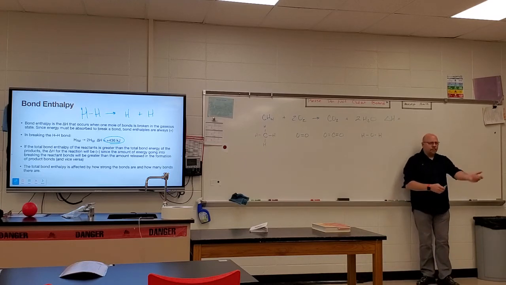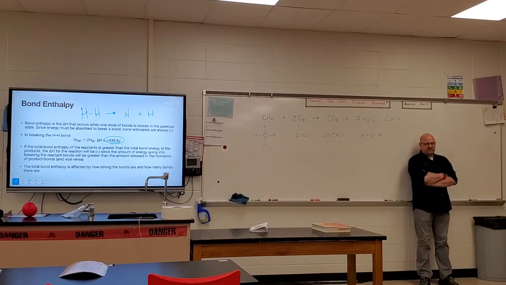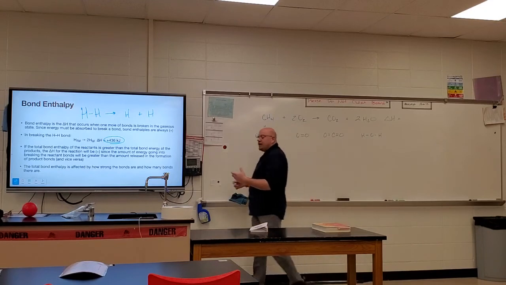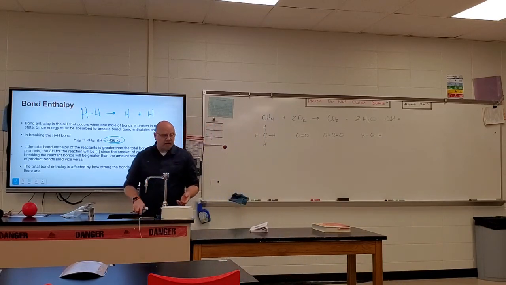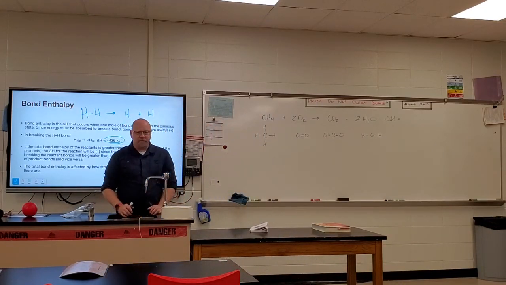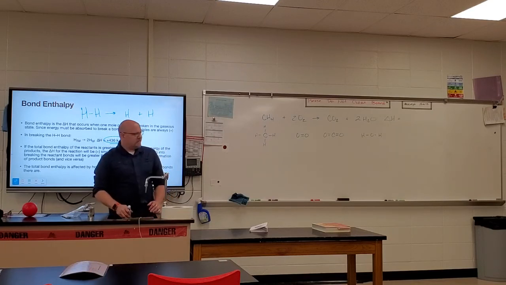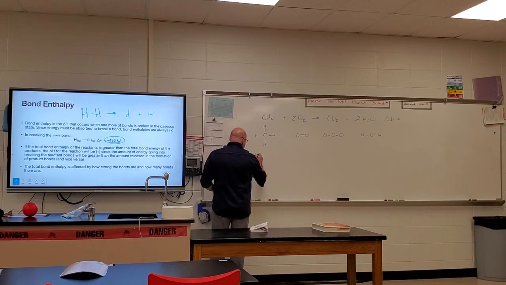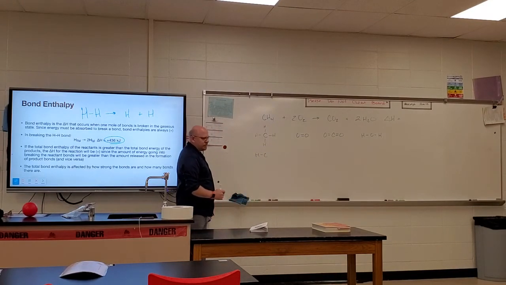Okay, so these are the Lewis structures for the things that are involved. Now, think of this as kind of like accounting. You just have to account for everything. Hydrogen-carbon bond. How much is it worth?